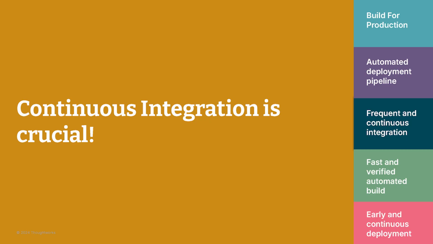Coming back, the first point is build for production. All these practices, like build for production, automated deployment pipeline, and frequent and continuous integration, again relate to how fast you can deploy your code. Does your code give you feedback faster?